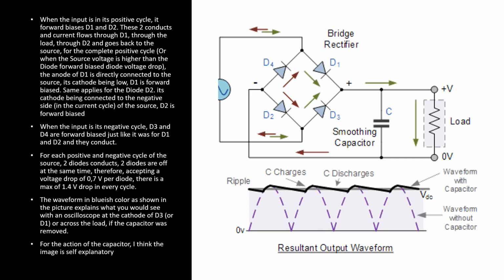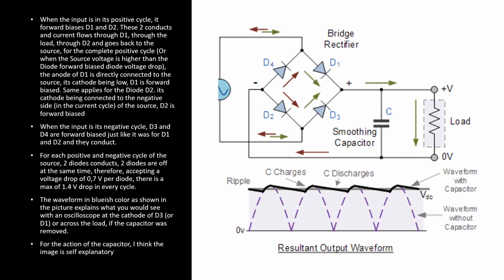The waveform in bluish color shown below the circuit explains what you would see with an oscilloscope at the cathode of D3 or D1 or across the load if the capacitor was removed.